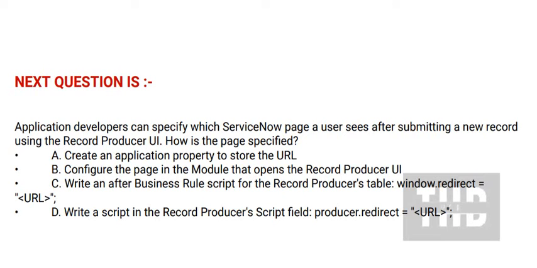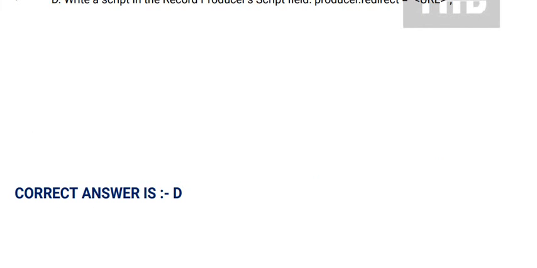Option B, configure the page in the module that opens the Record Producer UI. Option C, write an after business rule script for the Record Producer's table window redirect. And option D, write a script in the Record Producer's script field producer redirect URL. And the correct answer is option D.